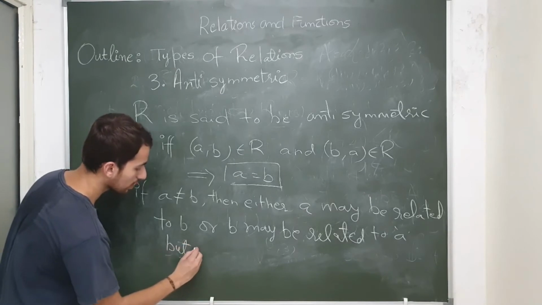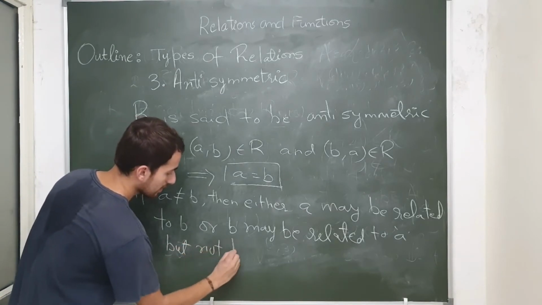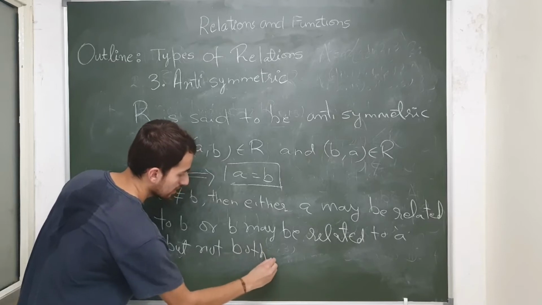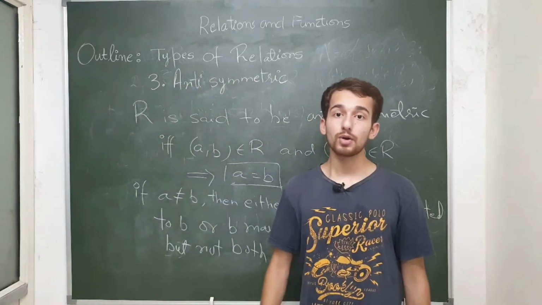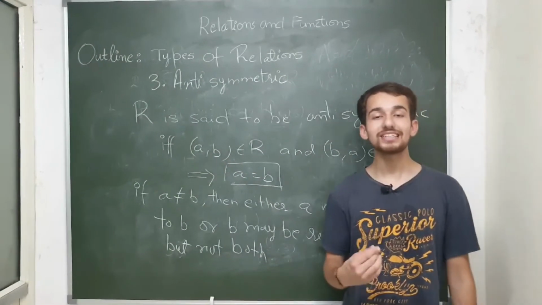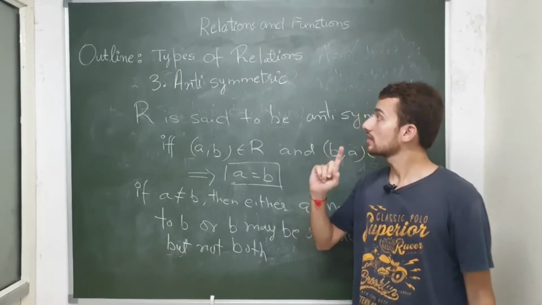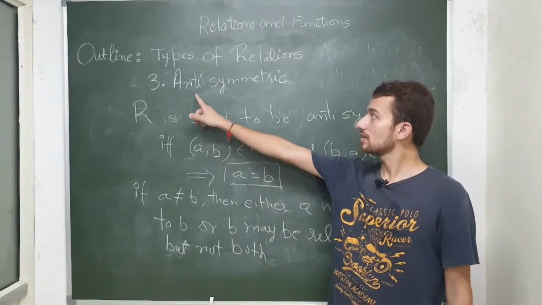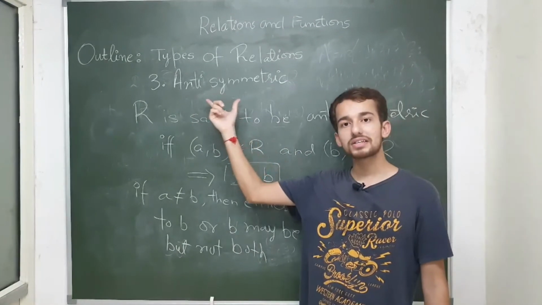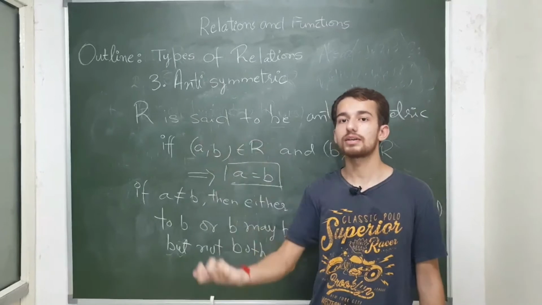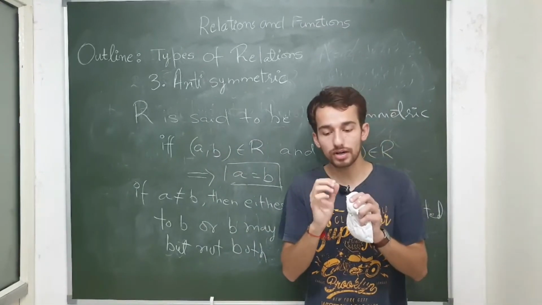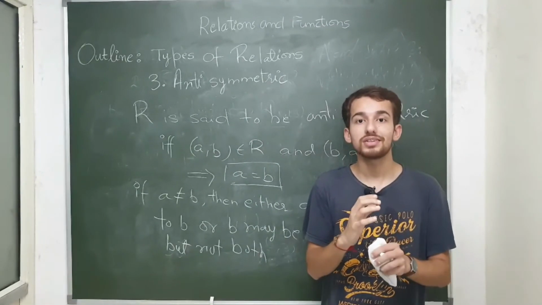They both cannot be related to each other simultaneously. We want this because the relation we want to build is an antisymmetric relation. They are not symmetric, so both ordered pairs cannot come into the relation simultaneously.